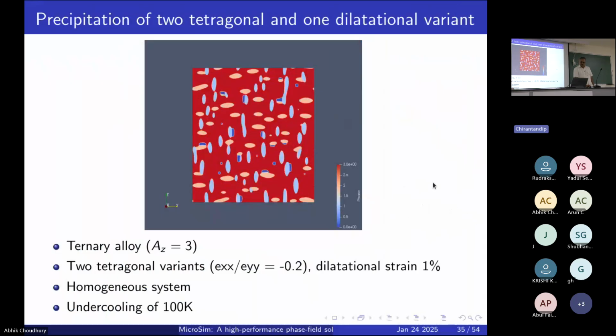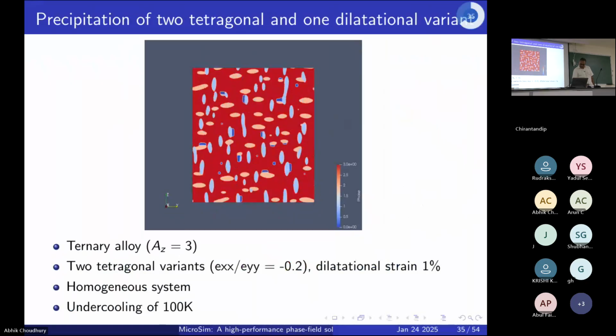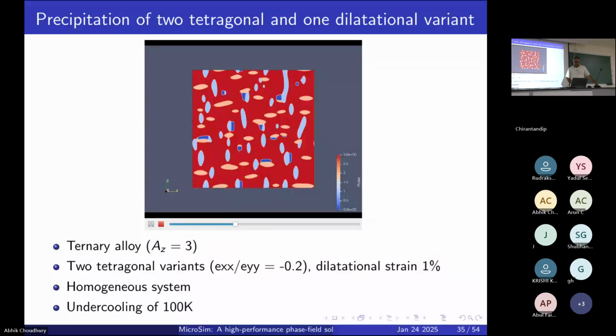And you have got different types of variants, but there are movies you can play with. So you will see some kind of a correlation of the variants arranging themselves in certain configurations.